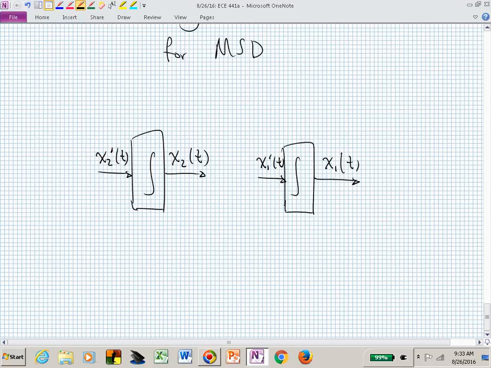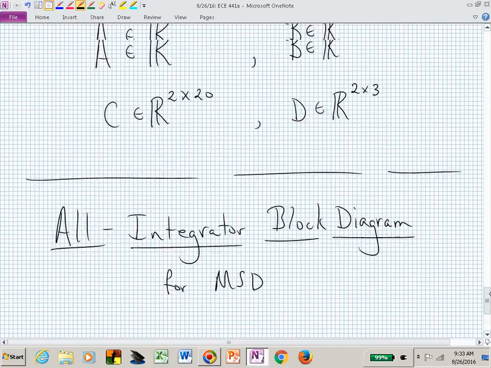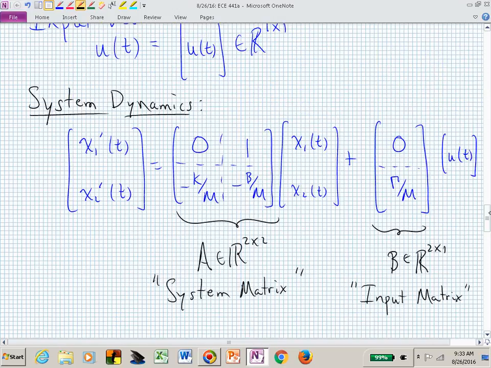And now what we need to do is go back to our system dynamics and create the equation in a block diagram for x1 prime and an equation for x sub 2 prime by combining signals in this block diagram. What was x1 prime? Now you should be able to read it off from this set of equations. X1 prime was?